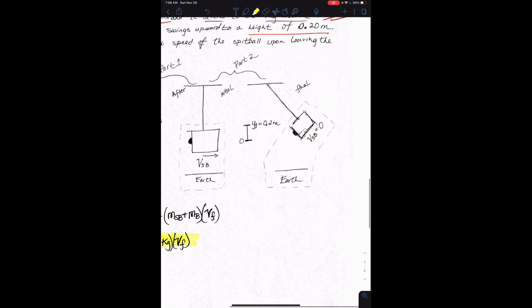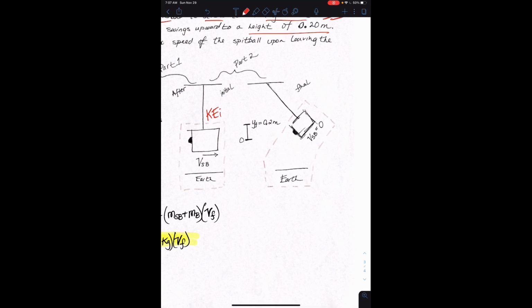What they want you to see is that over here is an energy problem. You have an object moving with some initial KE. At some later point, it's going to get all the way to the top of this pendulum, and you're only going to have gravitational potential energy.